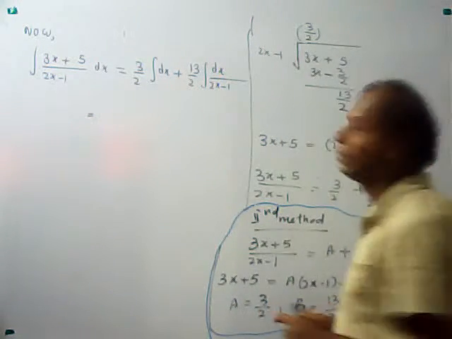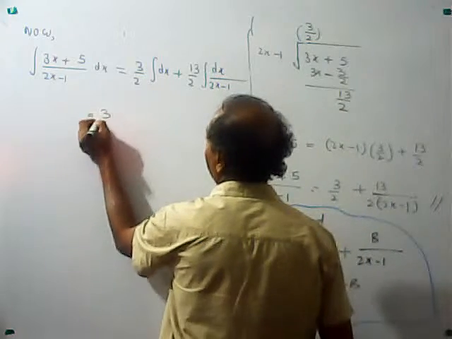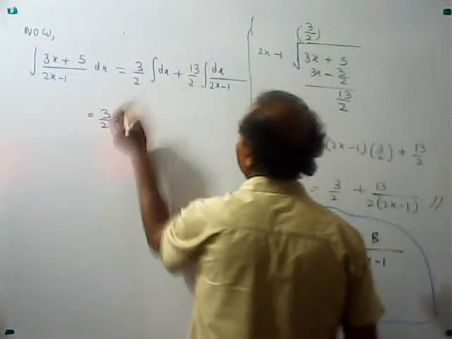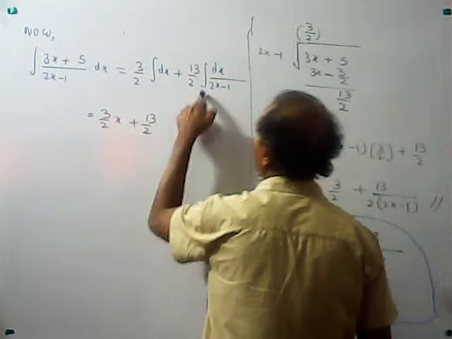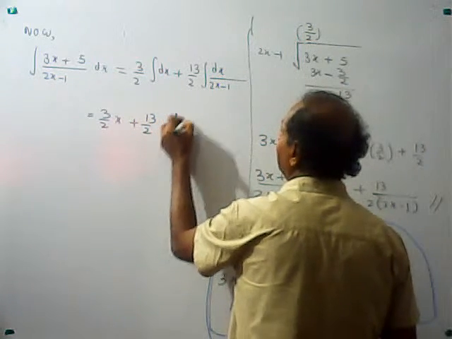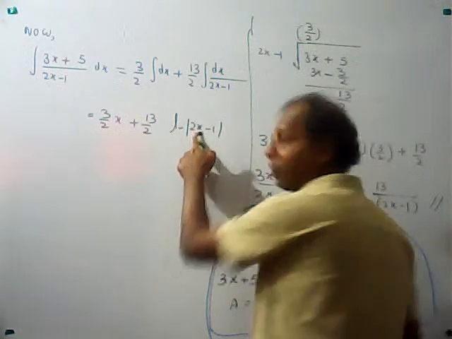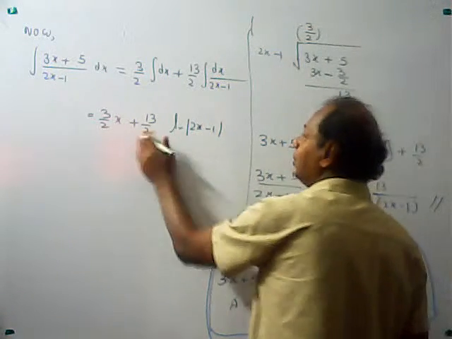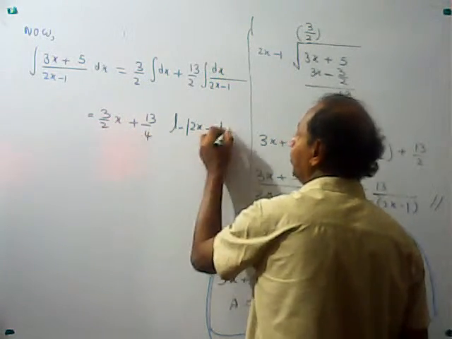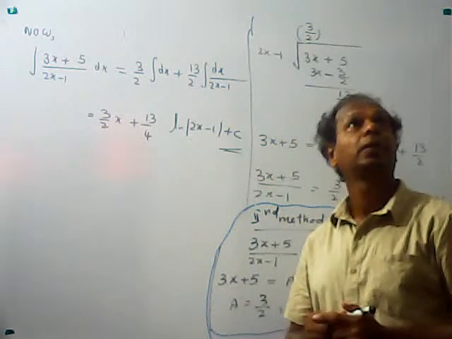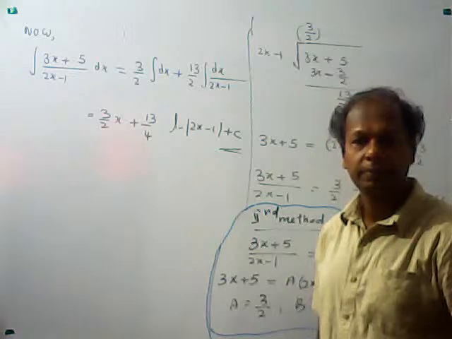So finally, it is equal to 3 over 2 x, integrating this you get x, plus 13 over 2 times the integral of this. It's ln mod of 2x minus 1. You have to divide further by 2 because it's 2x here. Then make it 4, plus c. Finally, this is the answer.